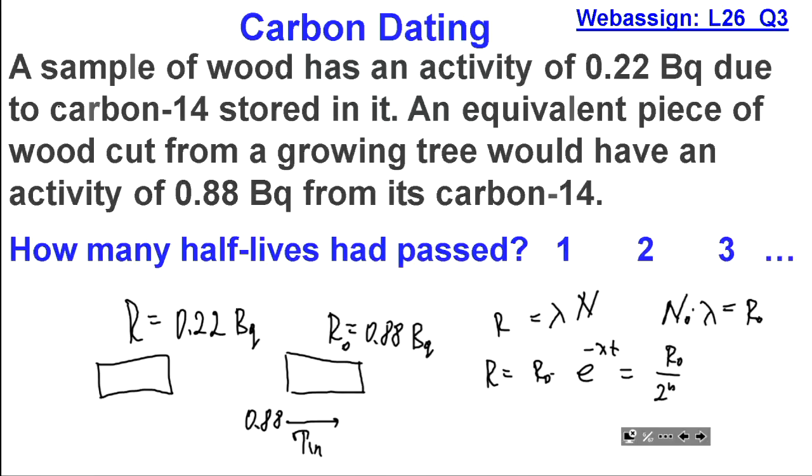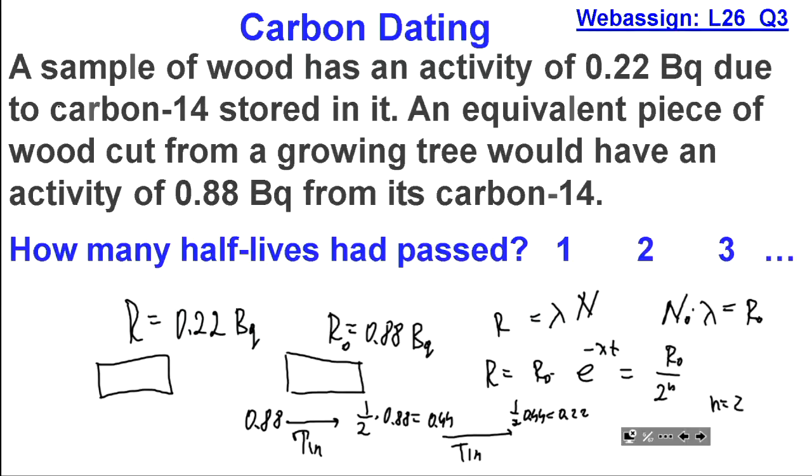Because of the definition of half-life, we have to wait until it is a half of the initial, 0.44. Is it 0.22? Not yet. So we have to wait one more half-life, right? And that's going to be 1/2 of 0.44, 0.22. So this number n, which tells us the number of half-lives passed, is 2.